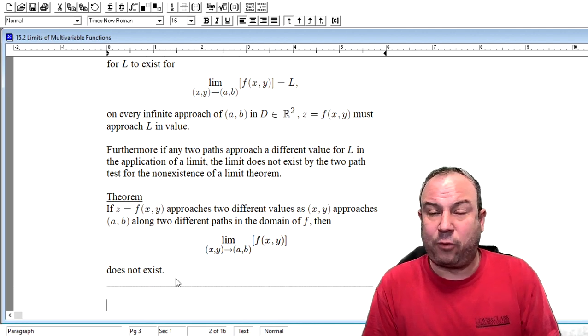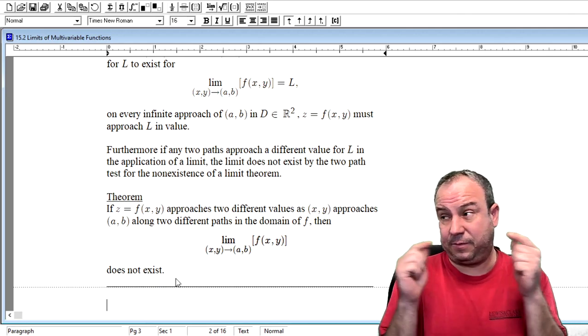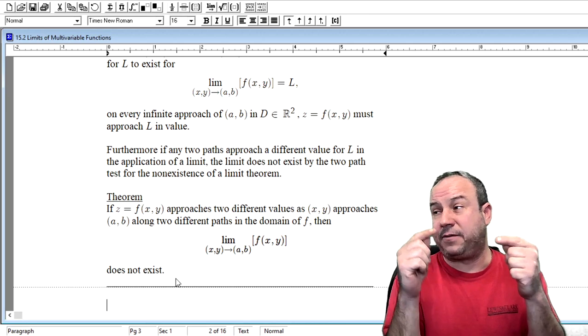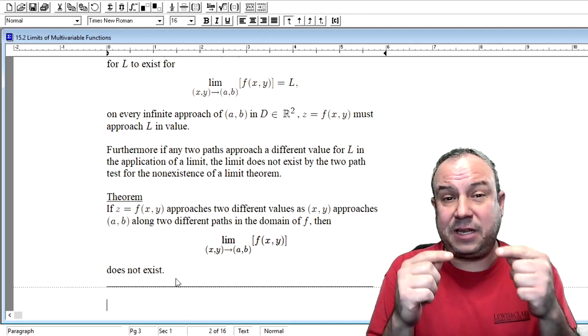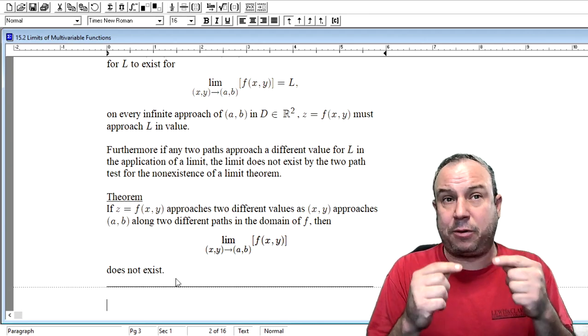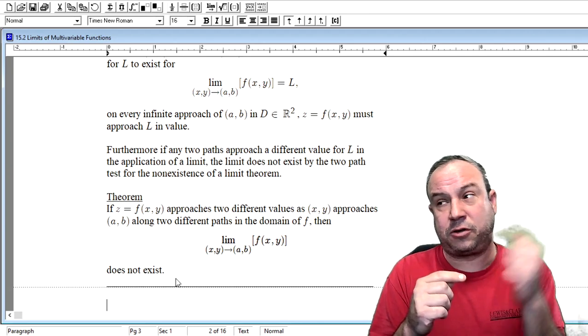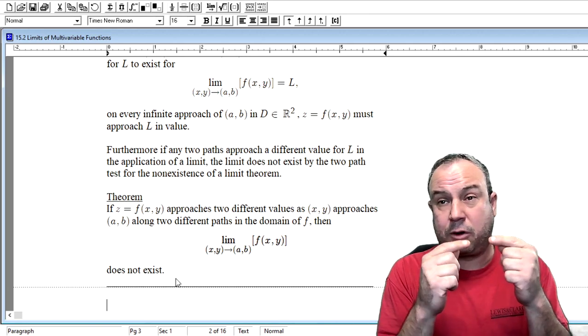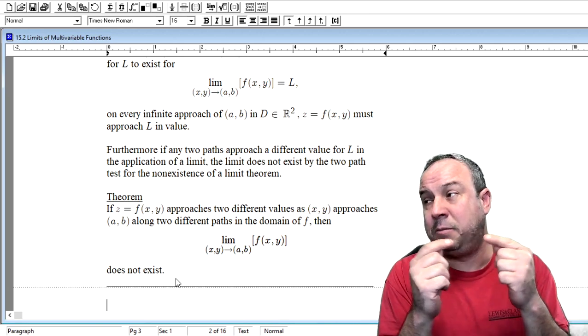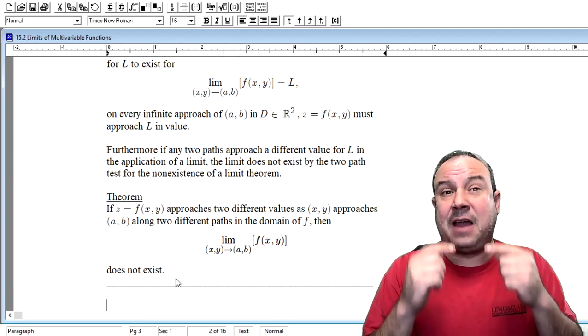So, before we only had to have two paths in our approach. We approached A along our number line from the left or from the right, and it was easy to show that the output of our function equaled L as we approached A from the left, and as we approached A from the right, to be able to say that the two-sided limit existed and was equal to L.